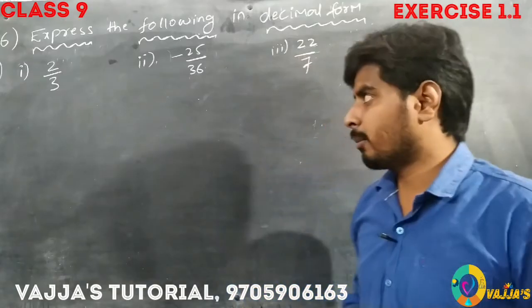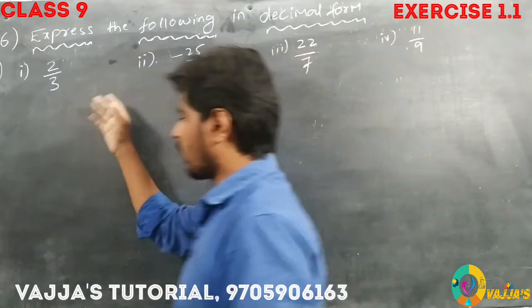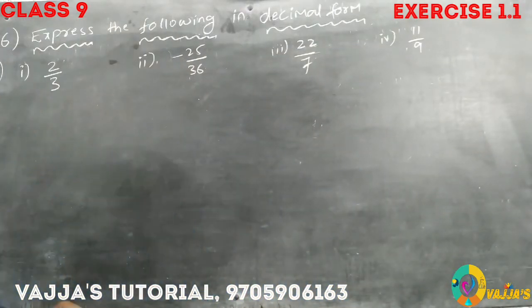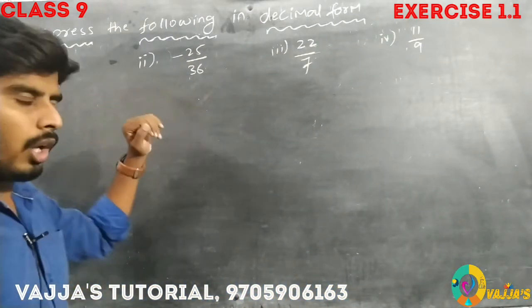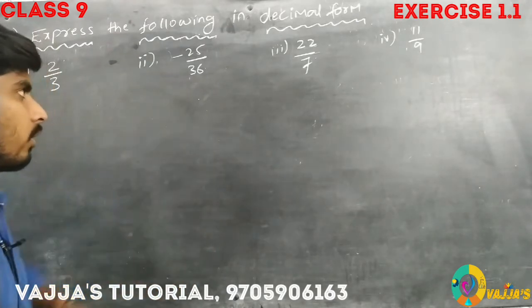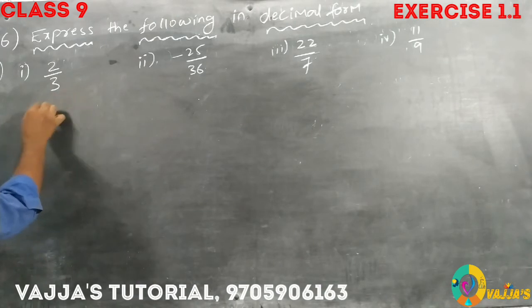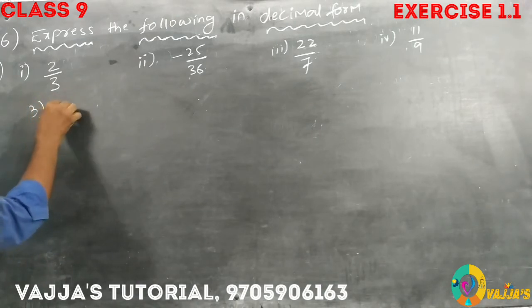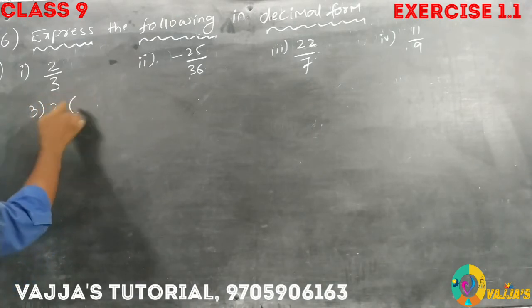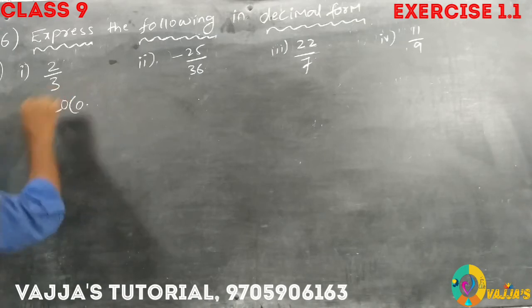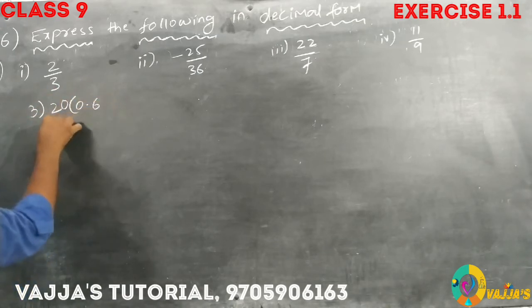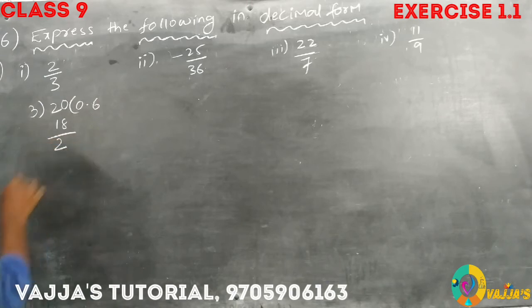Now look at the second bit. We have to convert this into decimal form. By using the long division method, I am going to solve here. Look at the first question, 2 by 3. We can divide 2 by 3. Take a point here. It becomes 0. 3 6 18, and the remainder is 2.